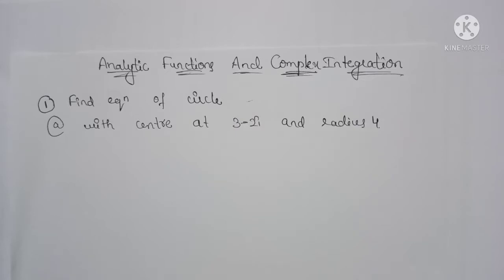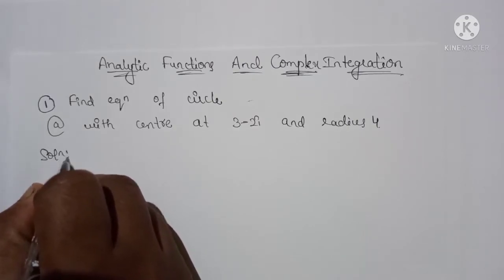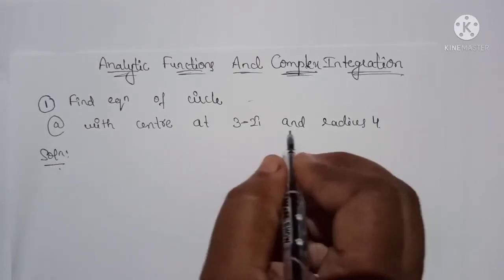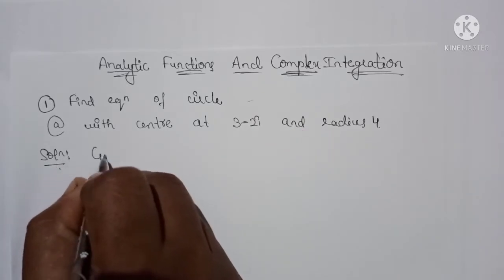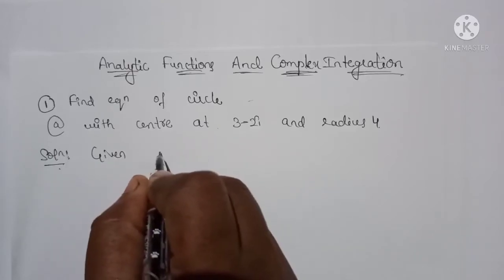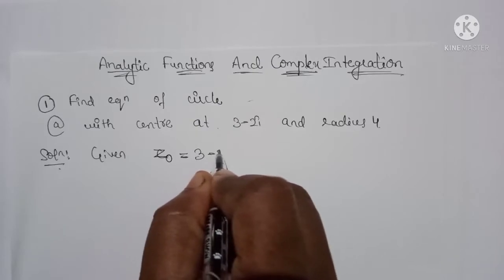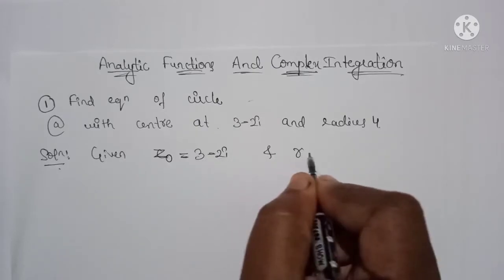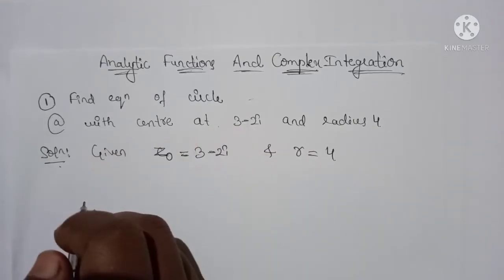So we know that the equation of circle in the complex plane is mod of z minus z naught equals r. You can first write the given things, or you can write the equation of circle also. Given center z naught is 3 minus 2i and radius r is 4.